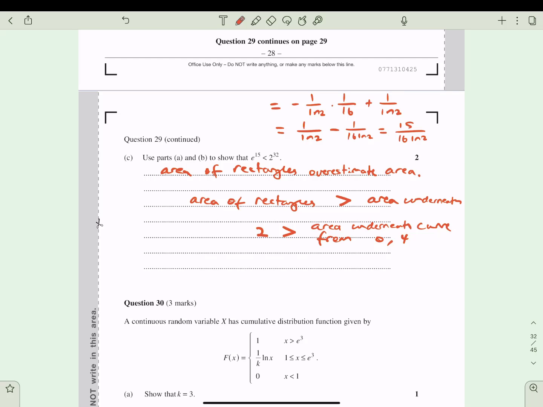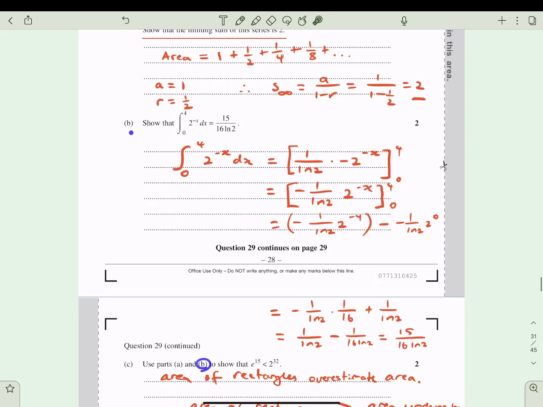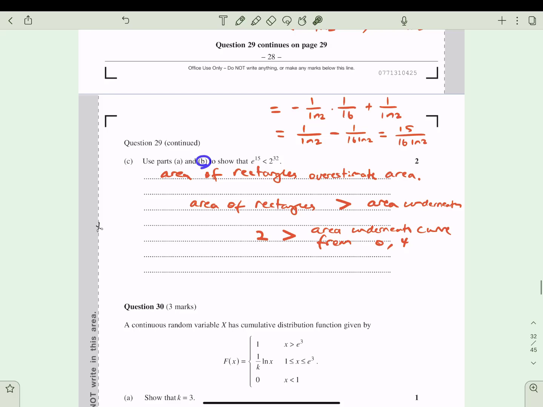Okay, and this is good for us now because we can use our answer from part B, which we know is 15 over 16 ln2. So therefore, I can say 2 is larger than 15 over 16 ln2. And now simplifying everything by multiplying both sides by 16 times ln2, we have 32 ln2 is larger than 15.